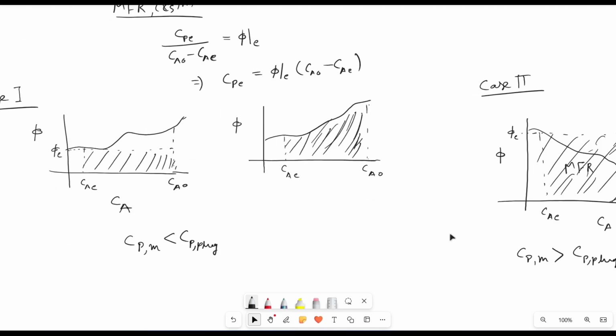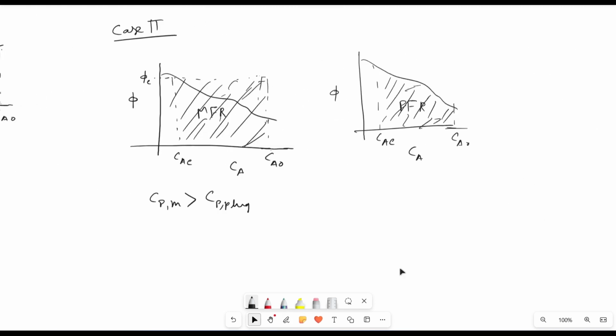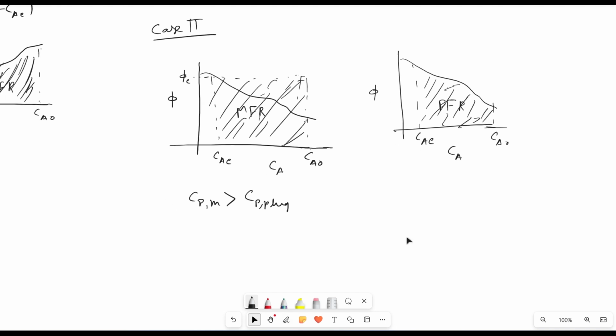This is MFR, this is PFR. So the product formed is also very much important if fractional yield is known.